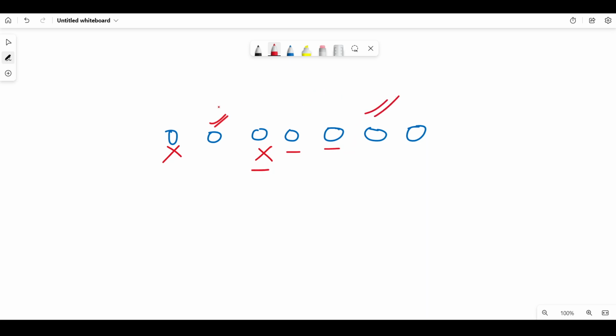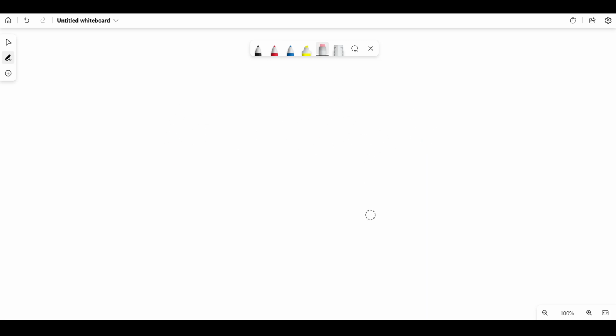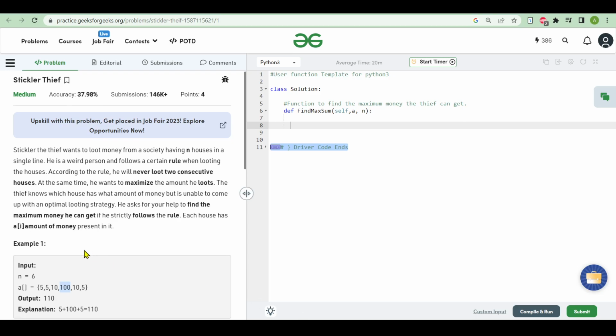This case is valid. But the only case that is not valid is when we are robbing two consecutive houses. Right? So, hope you understood the robbing strategy. Now, let us see what it is saying next.